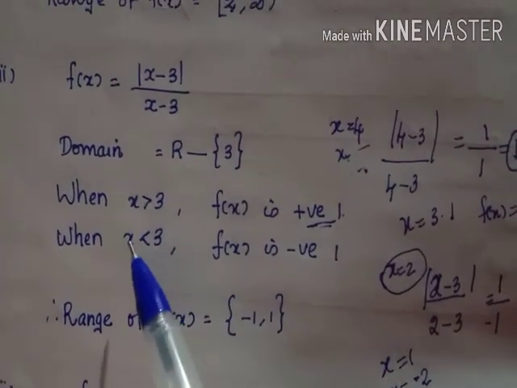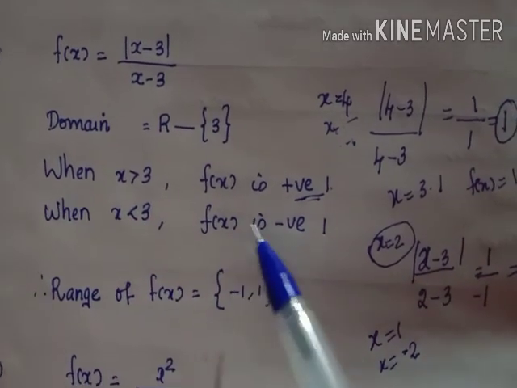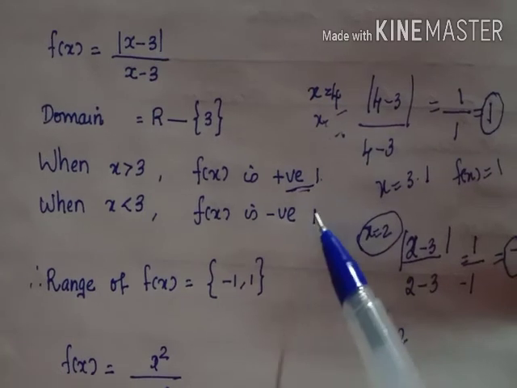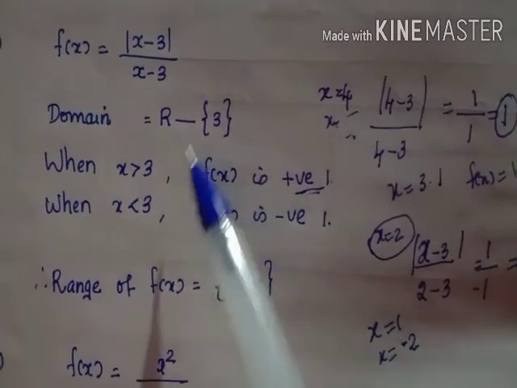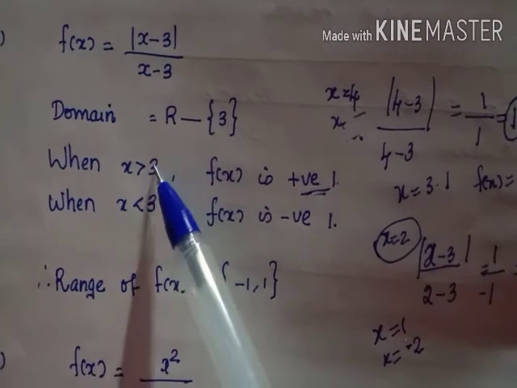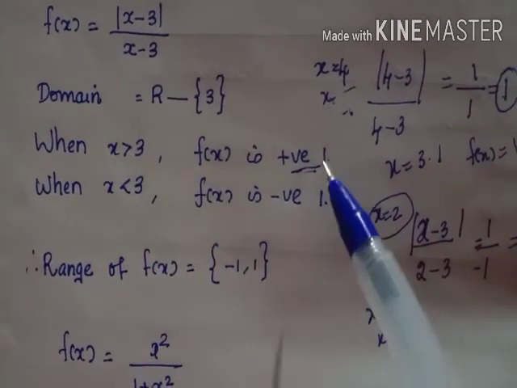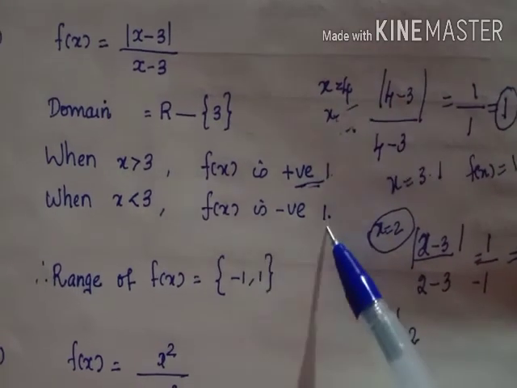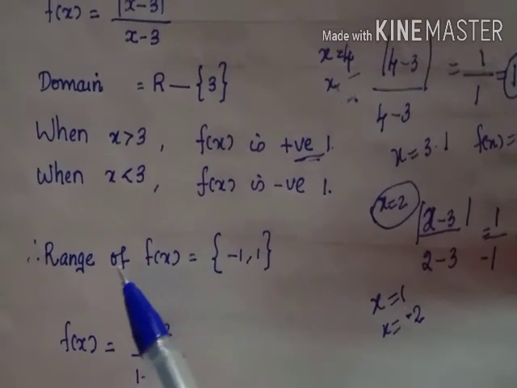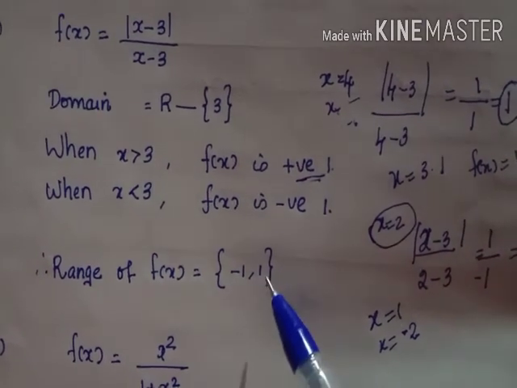That is, for all values of x less than 3, the function value is negative 1. So, for all positive values greater than 3 and all negative values less than 3, the function value remains the same, 1 and minus 1, and therefore the range of this function equals {-1, 1}.